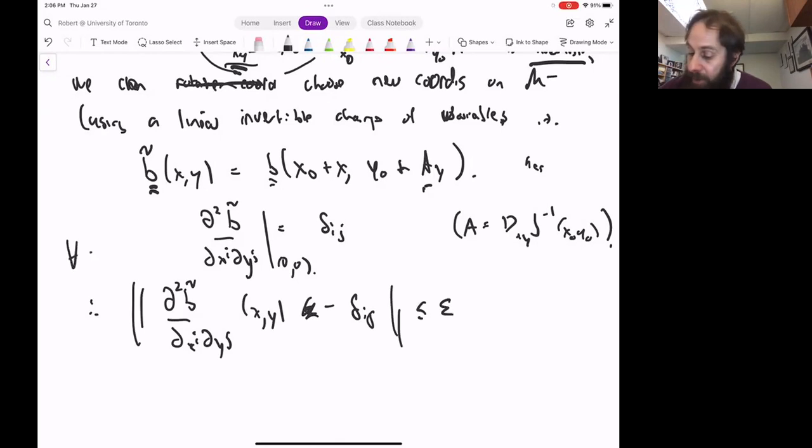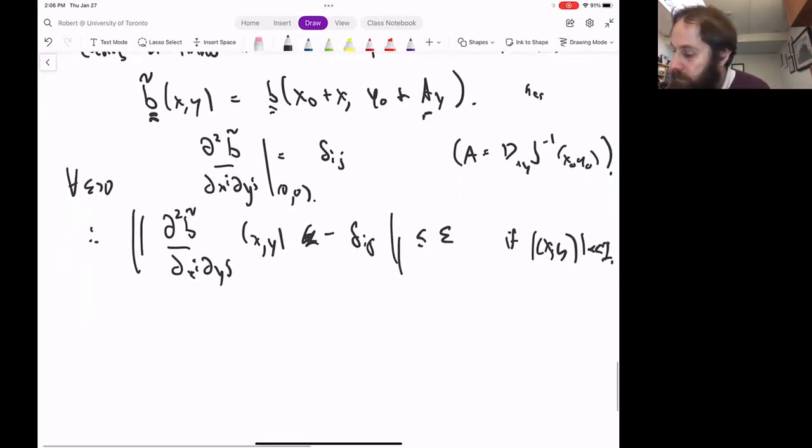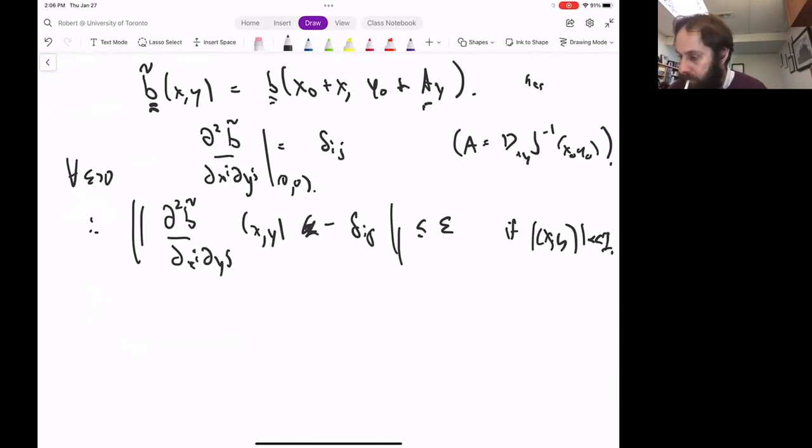So for every epsilon positive, you can make this as close as you like to the identity if X and Y are small, let's say smaller than R. That's my neighborhood that I want.